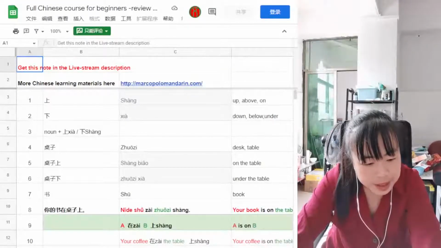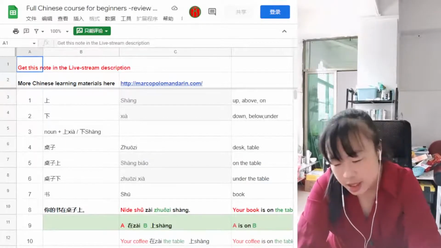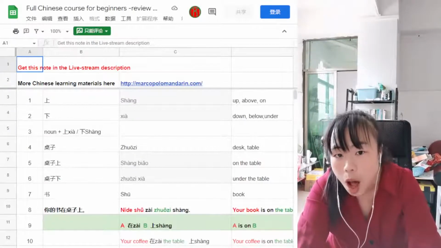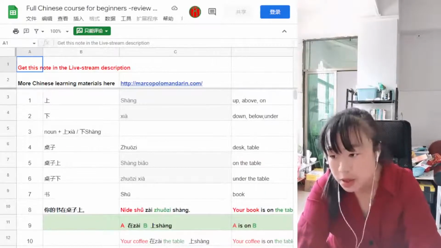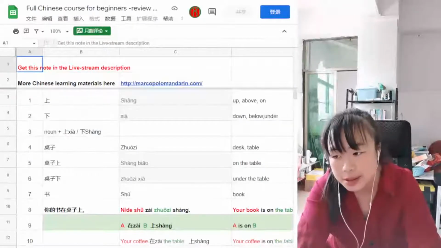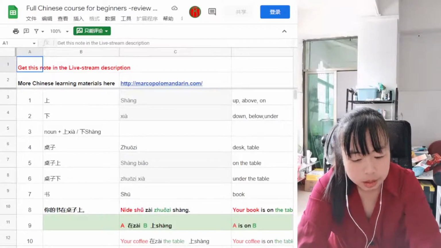A 在 B 的东边、西边、南边、北边. But in this case, we don't have A 在 B 的东南西北. We don't have this pattern. We only have one pattern for the 东边、西边、南边、北边. We don't say it as 东西南北 in this case. 东边.